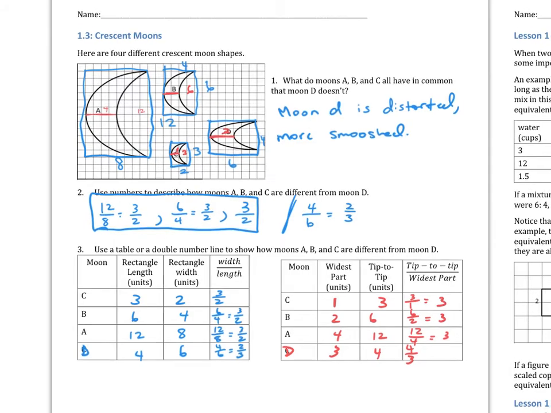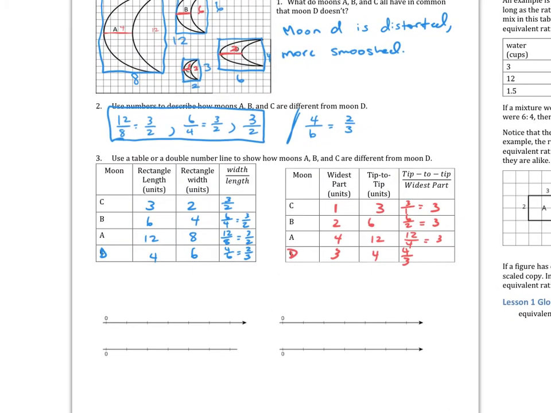So what ends up happening here is that we can see that the ratios for A, B, and C are all equivalent, whereas moon D has a different ratio.